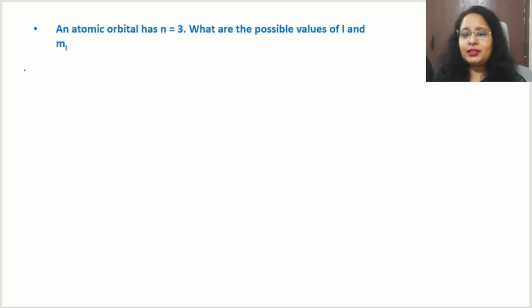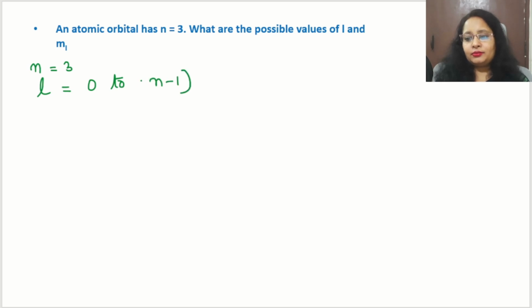Here it is given that the value of n is equal to 3. With this clue, the possible values of l should be 0 to n minus 1.